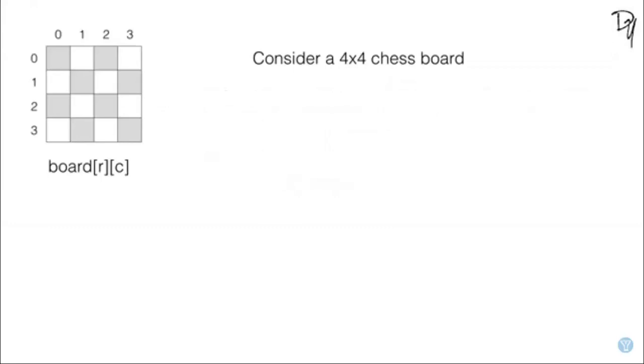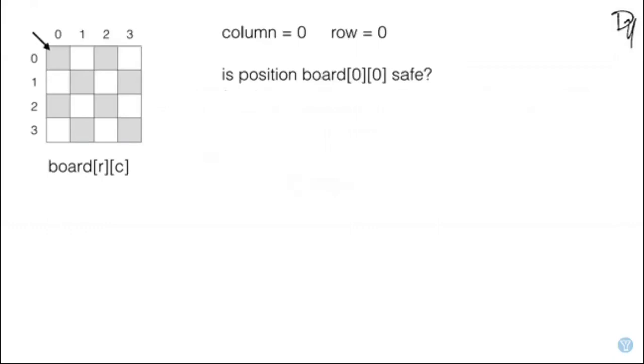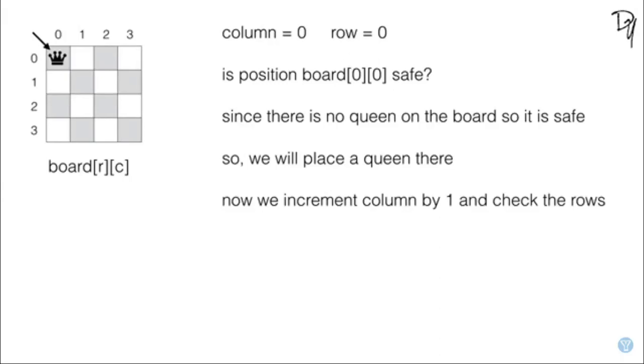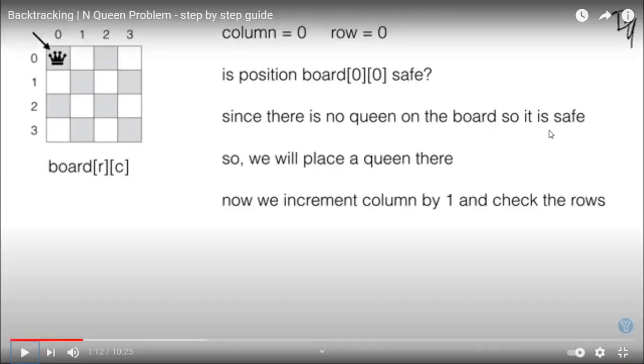So let's start. Here we have chosen the 4 by 4 chessboard. At the left side, you can see the board size is 4 by 4, and R and C, that is row and column. The column is 0 and the row is 0. Is position board 0, 0 safe? Yes, it is safe, since there is no queen on the board.